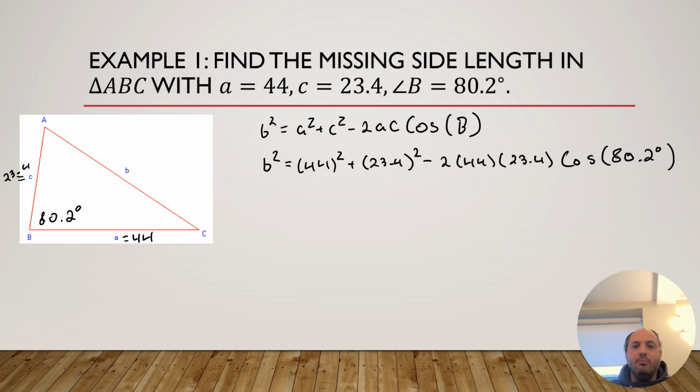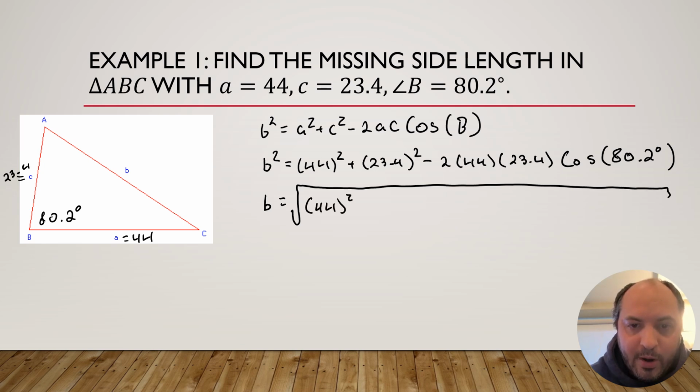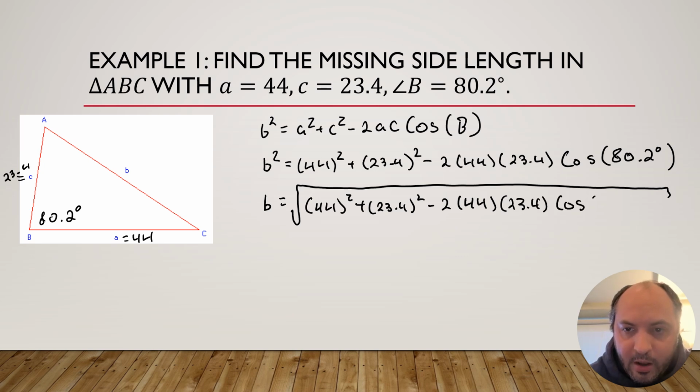My goal is to solve for B, not B squared, so I can just take the square root of both sides to get rid of the square. That leaves me with B is equal to the square root of 44 squared plus 23.4 squared minus 2 times 44 times 23.4 times cosine of 80.2 degrees.